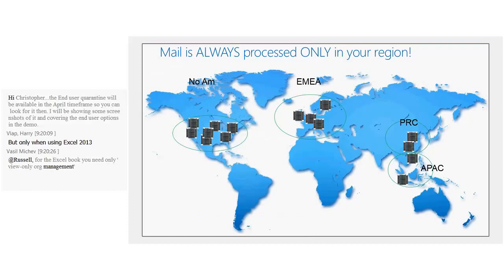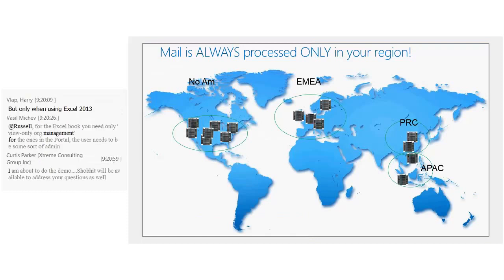Meaning, if you have an email which you're sending from China, that will stay in China. Or if you have a mail in North America, it will stay in North America. And we kind of refer to this as something called geocenter affinity. And this is something that we are continuously looking to expand into. And we already have a good reach right now, but it's something that we will expand as we go forward in coming months.